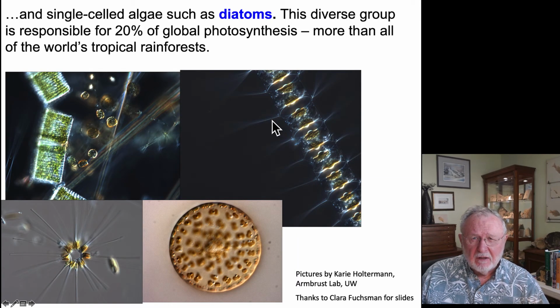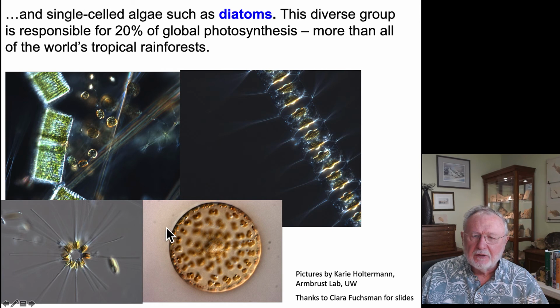Among the algae are some of the most beautiful and intricate and spatially symmetrical organisms known as diatoms. This diverse group is responsible for about 20% of the world's photosynthesis.